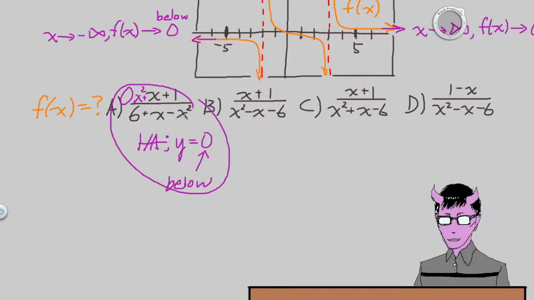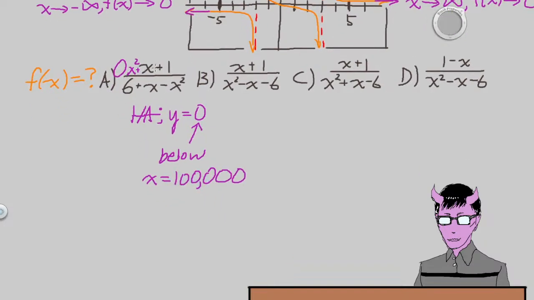So if you're not sure what that means, you could just plug in a very large value into x to get an idea of what's happening in the long-term end behavior. So for example, you can pick x is equal to 1 million or something like that. Or let's pick 5 zeros. So that's going to be 100,000. What happens in the long-term end behavior for that one?